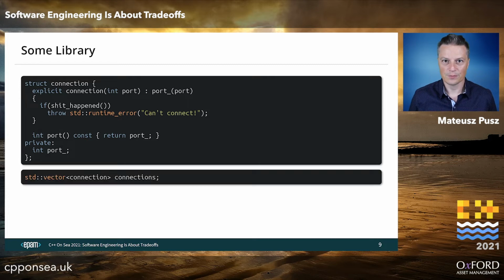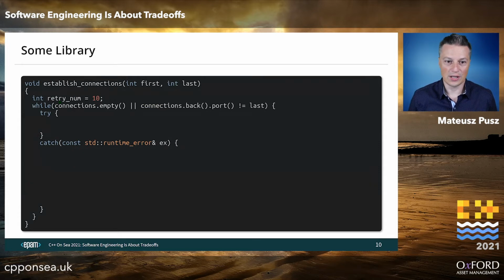We have a vector of those connections. And our establish connections function may look like this, right? We have a retry count equal to 10. And while the connections are not empty, and our port is different than the last expected one, we are trying to establish a connection.